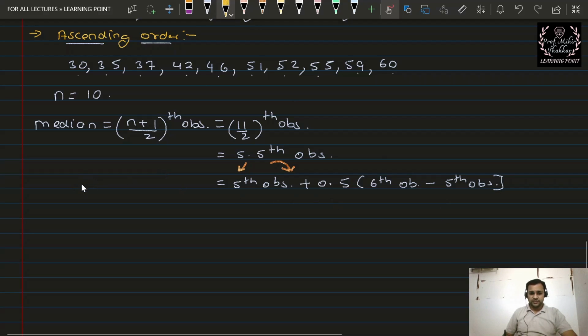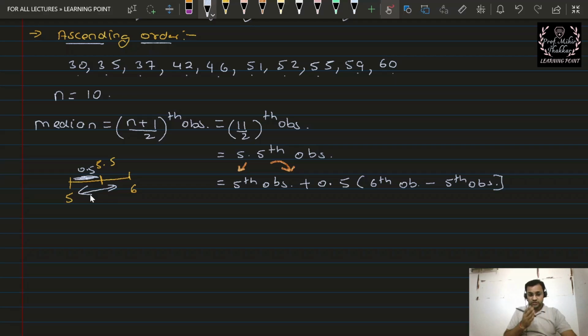Once again, I am repeating: why am I doing it like this? Because if you take a simple scale between 5 and 6, I require the 5.5th observation, which is somewhere over here. So this has covered a difference of 0.5 between the fifth and the sixth observation. Because this difference has been covered between the fifth and the sixth observation, I am just multiplying that value of 0.5 with the difference between the same two numbers, the sixth observation and the fifth observation.